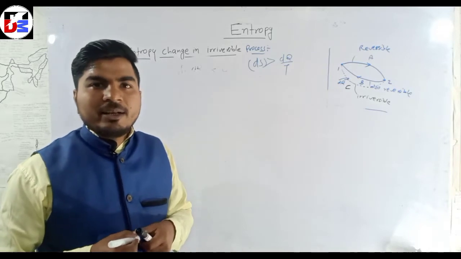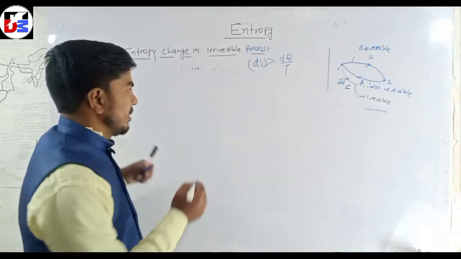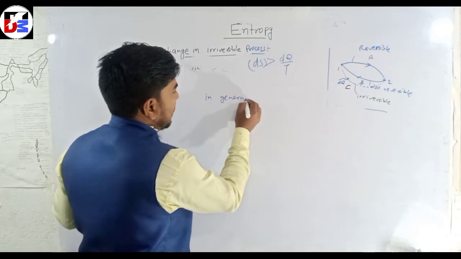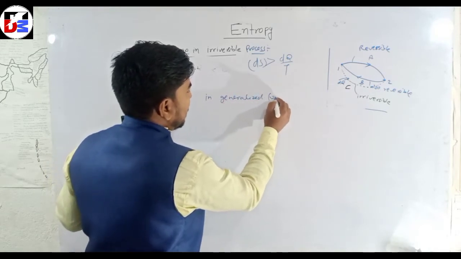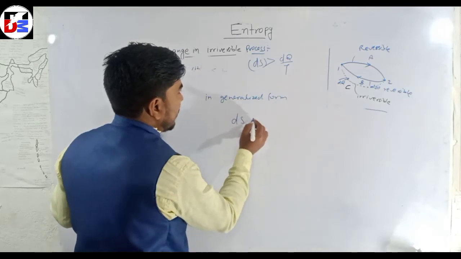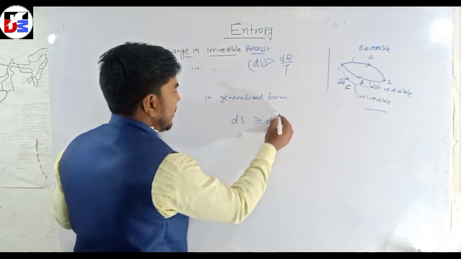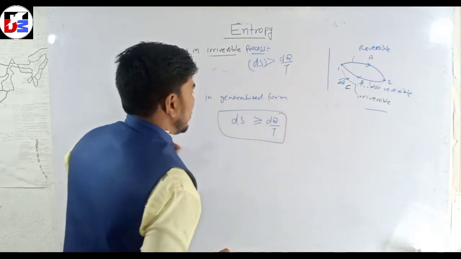And we can write in generalized form, dS is greater than or equal to dQ by T. This is the generalized form.